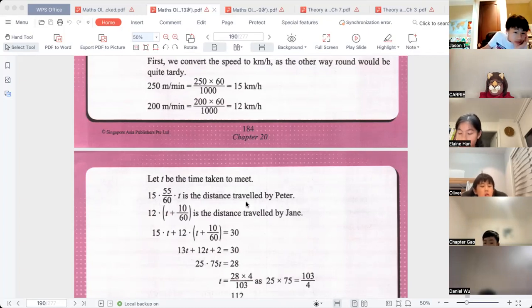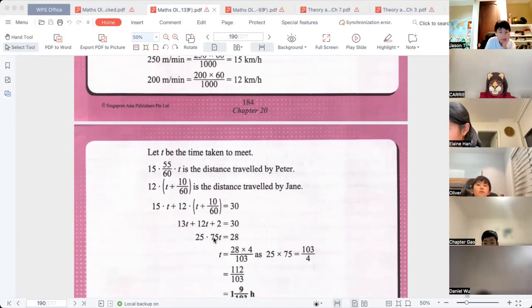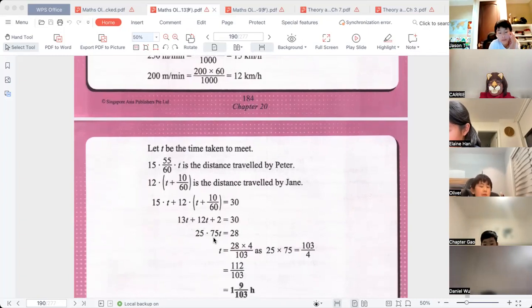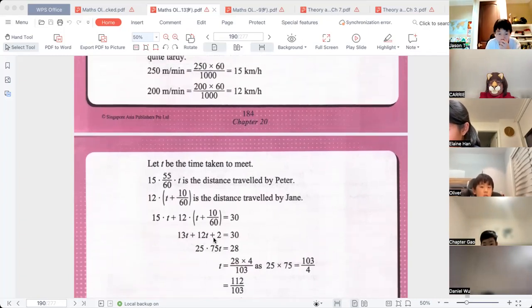That's the distance traveled by Peter. 12 times (T plus 10 over 60) is the distance traveled by Jane. If you add them together, it should equal the circumference of the lake.